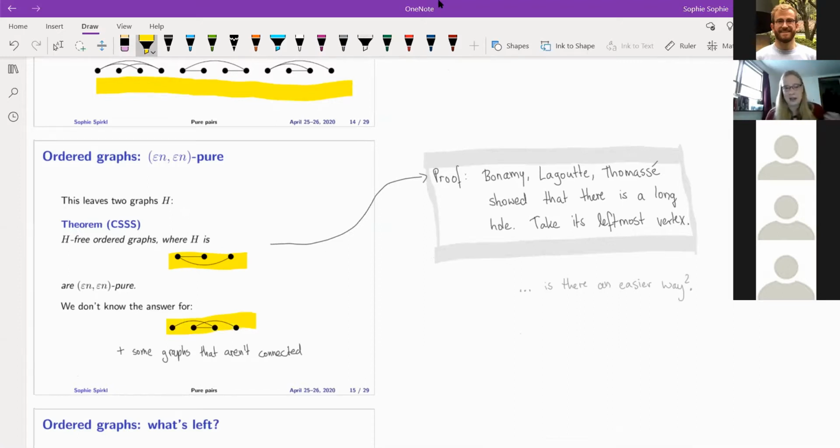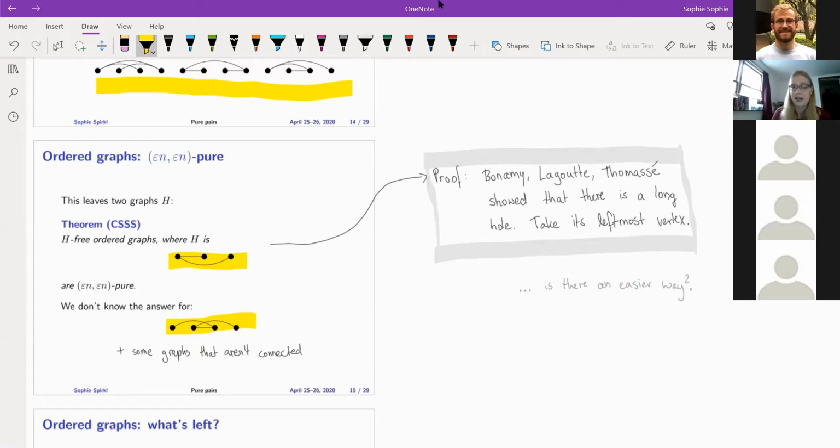So in ordered graphs, it's even harder to get linear size pure pairs, and in fact, to the best of our knowledge, you can do it for this one 2-edged graph, and maybe you can do it for that one specific 3-edged graph, and then some graphs that have connected components, but it's really hard. So ordered graphs are even harder to find pure pairs in.